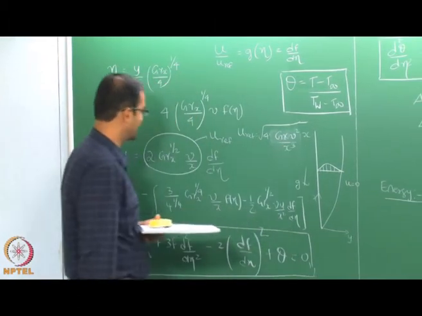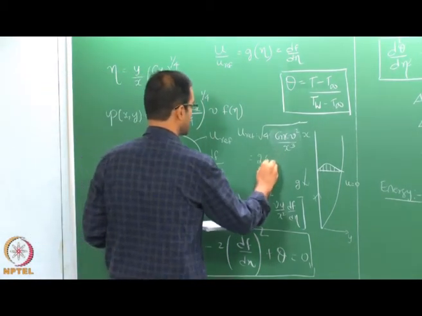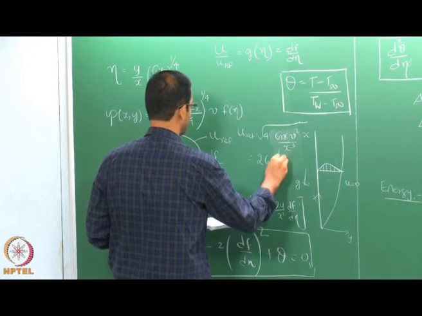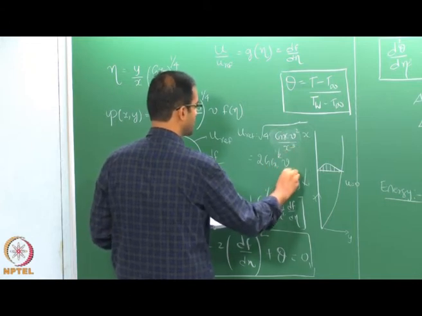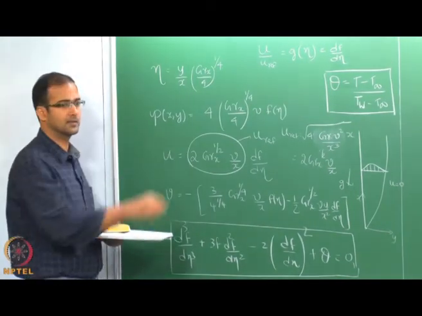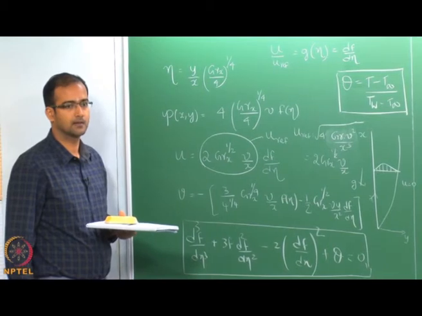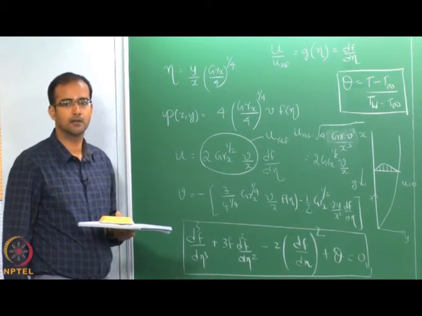Okay. So, therefore, you have 2 times, and this is the local Grashof number. If you take this, this is nu, and this is x square. If you take this, it is nu by x, right. So, this is nothing but your u reference here. In the Blasius case, this was your u infinity.